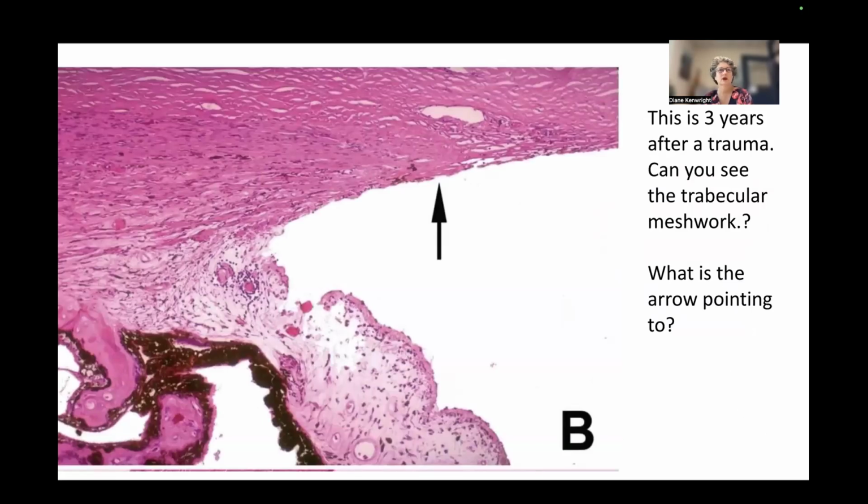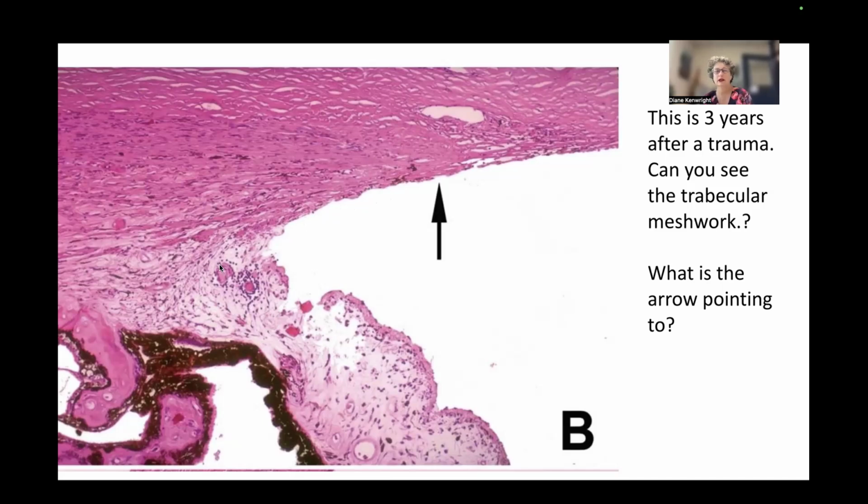Okay, so this next one is showing the angle 3 years later. You can see that a lot of the acute changes have settled down. We've got the trabecular meshwork and the canal of Schlemm here. So the arrow is pointing to where the iris root should be, but in fact it has recessed.